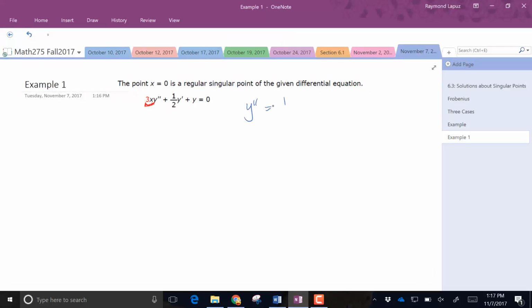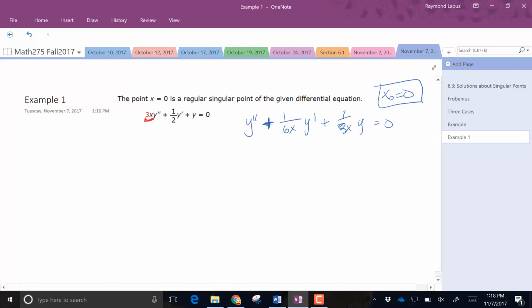You got 1, oops, this is a plus, 1 over 6x times y prime plus 1 over 3x times y is equal to 0. So we're assuming that x naught is equal to 0 to make things easy for us.